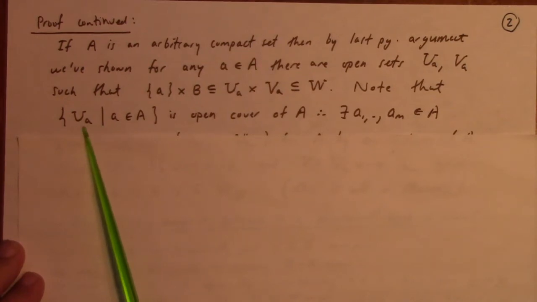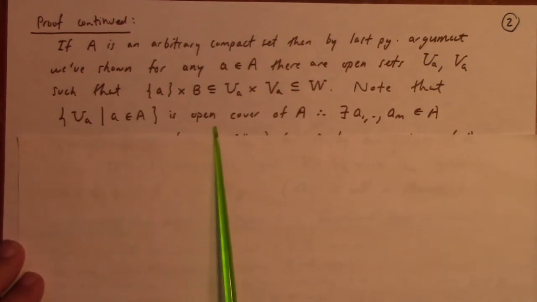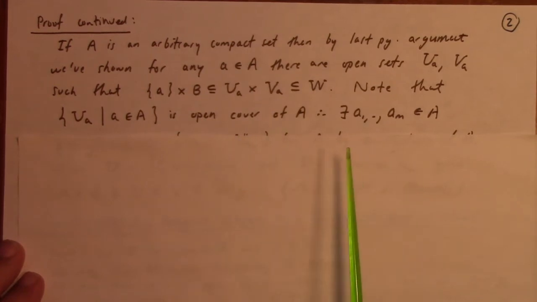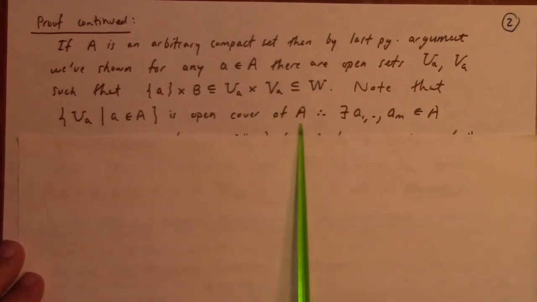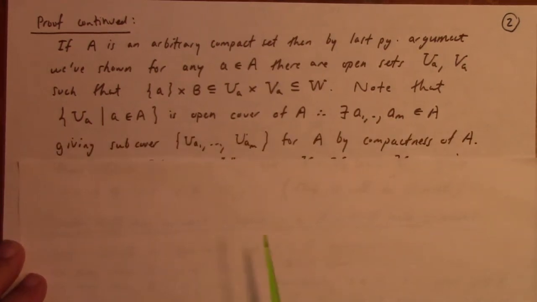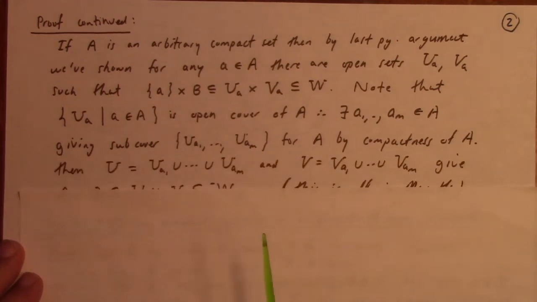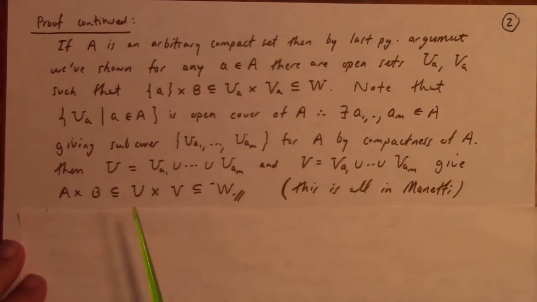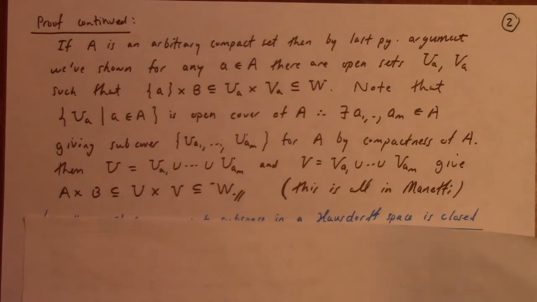The set of U_a such that a is in A forms an open cover of A. And as such, because A is compact, there exists a finite subcover, right? And as such, we can form U as the union of all these, and V as the union of all those, and that gives us that A cross B is a subset of U cross V, which is a subset of W. And anyway, this whole argument is all in Manetti. I'm just repeating it here for your benefit.